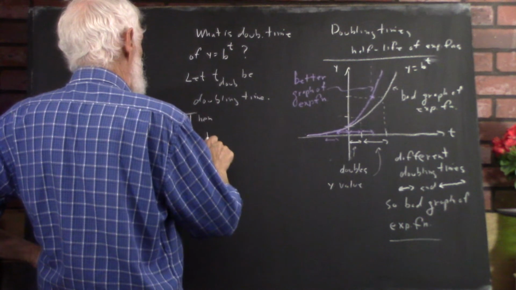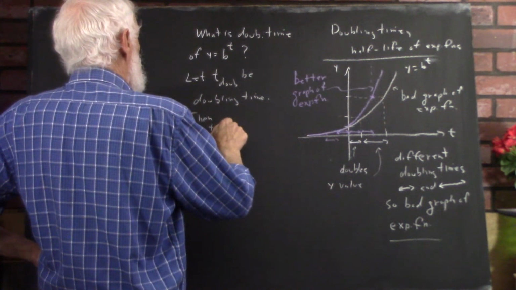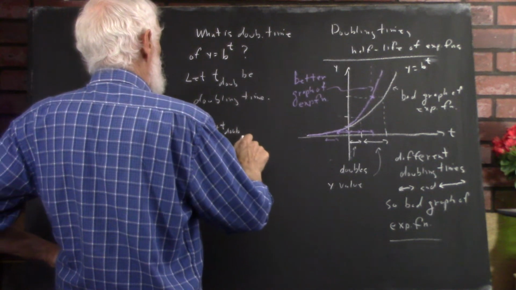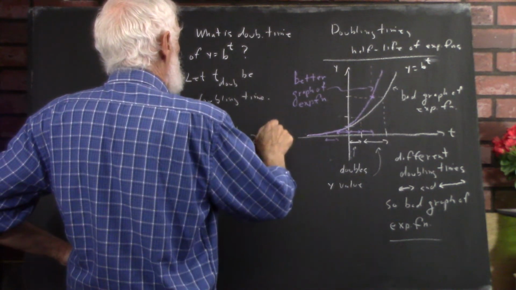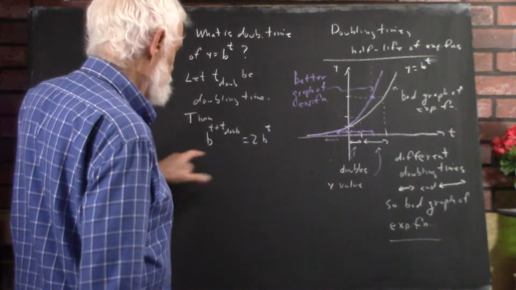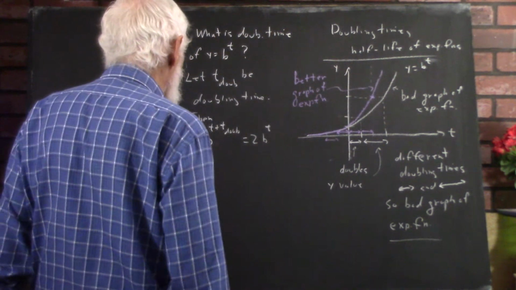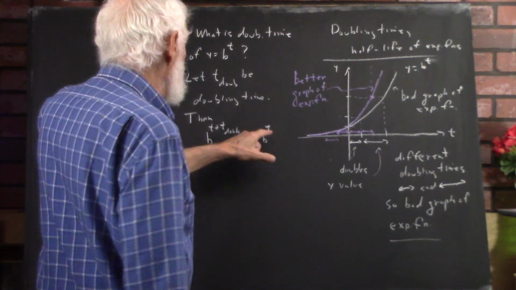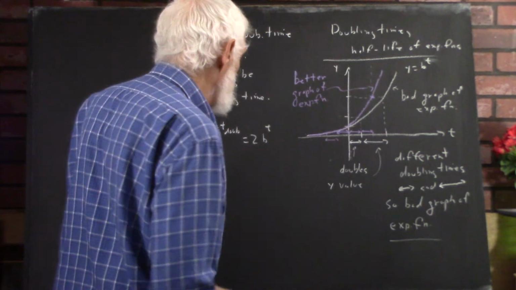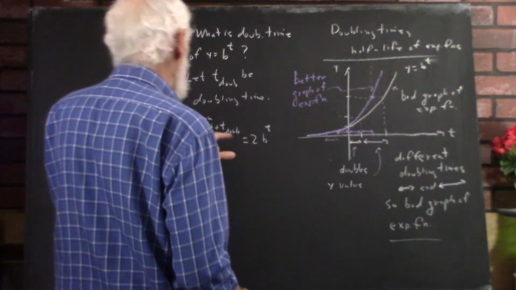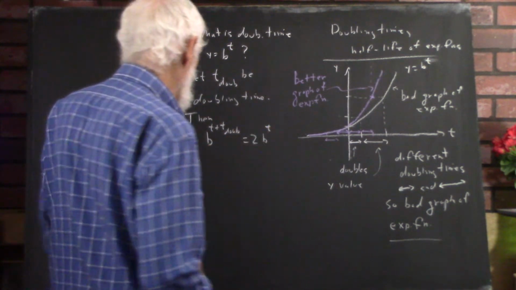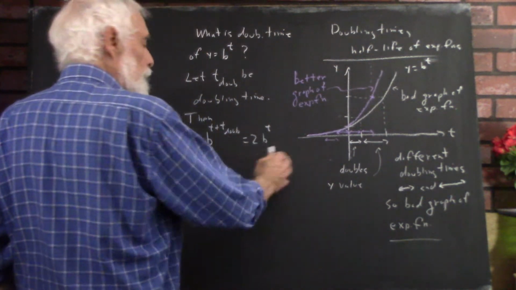Then b to the t plus t dub has to equal 2b to the t. If b to the t plus t dub is t dub time later, and if that's a doubling time, that's got to give you twice what you got at t. Can we solve this equation?